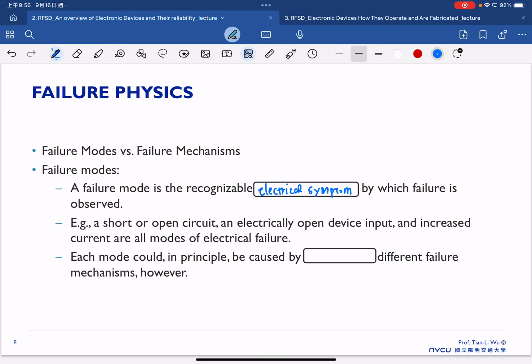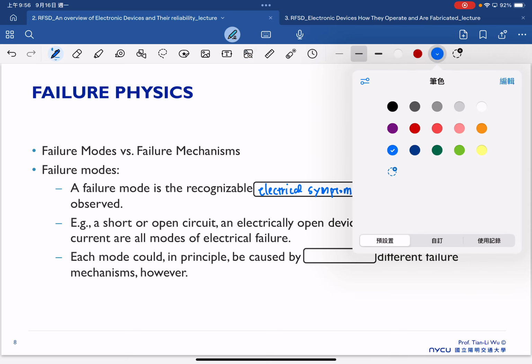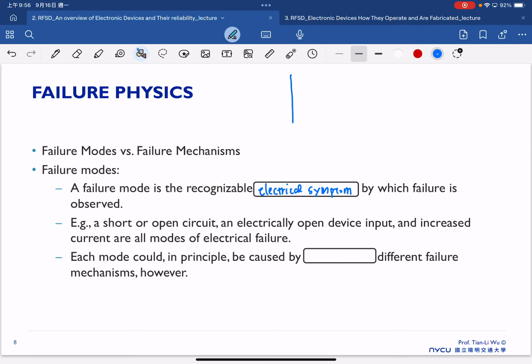What does it mean, the electrical symptom? We can use TDDB as one example. If we have the gate current versus time, roughly we can have the TDDB degradation like this with a certain bias. We start to see leakage current decrease, and after a certain moment we start to see the current increase.